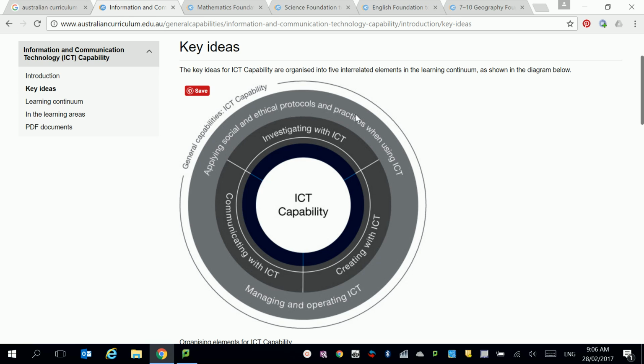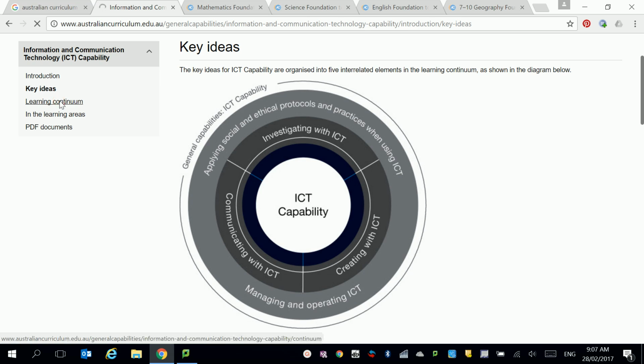Applying social and ethical protocols and practices, managing and operating ICT. So it encompasses the full length and breadth of using ICT and all the skills that you need in the 21st century to be digital citizens.